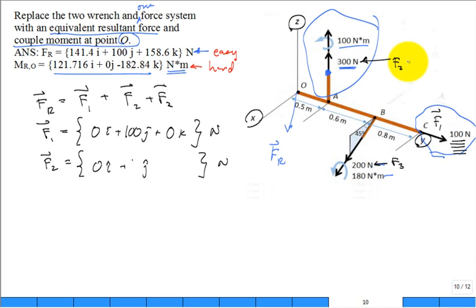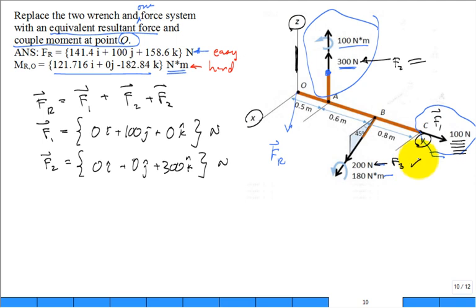This is my F2, right? Is this aligned with the Z-axis? Is it 100% in the Z? So nothing in the Y, 0 in the Y, right? And then it's just going to be 300 in the K. Maybe I should have gone a little slower on that one.